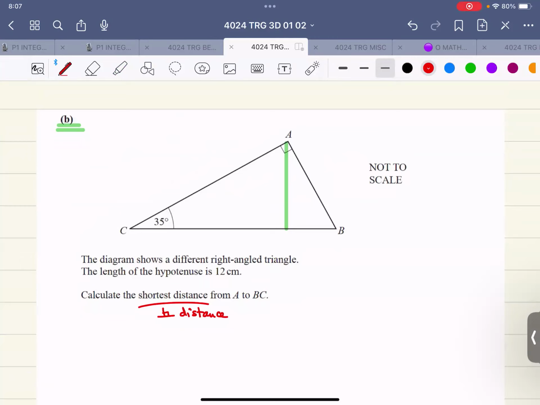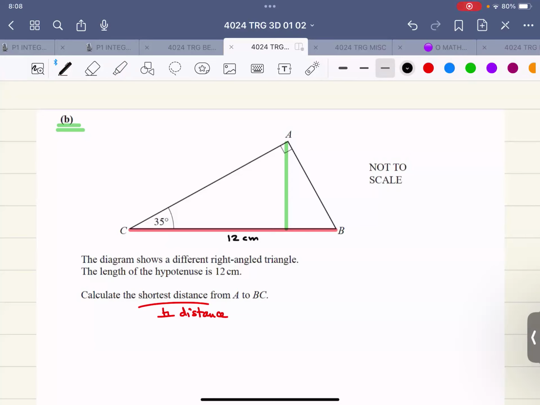So now what needs to be done? The length of the hypotenuse is 12. So this whole thing, this red line is the hypotenuse. Okay. So now let me mark this 12 centimeters over here. And we are interested in the green line. Now, what can be done? How many marks are there? 4 marks. So can we first use trigonometry and find AB?